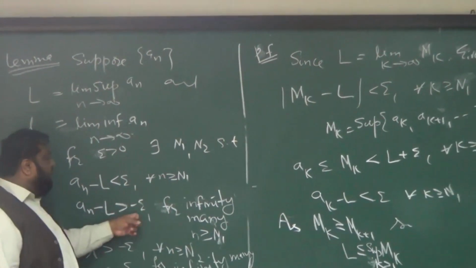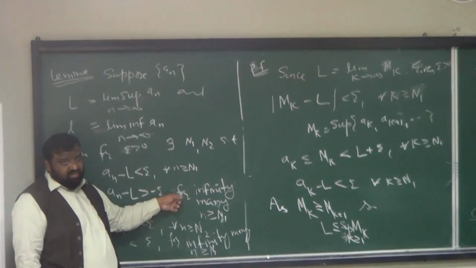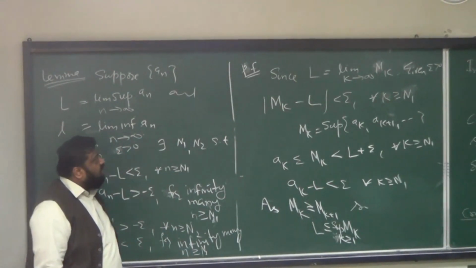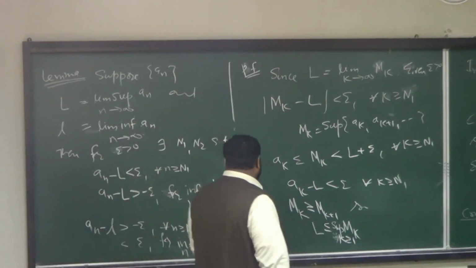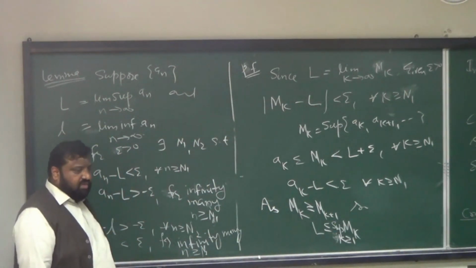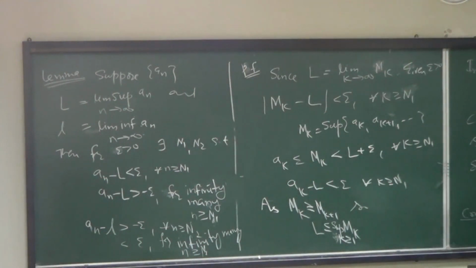That is going to be bigger than minus epsilon, not for all but for infinitely many values. And similarly you have to do this for the left side. Just think about it for yourself. This is going to be precisely on the same lines.